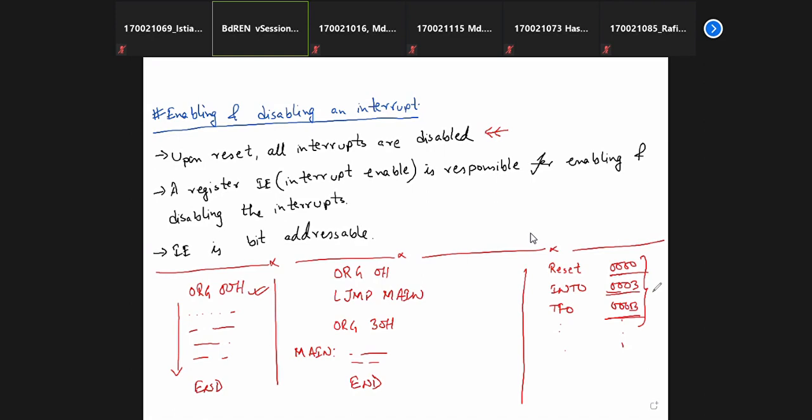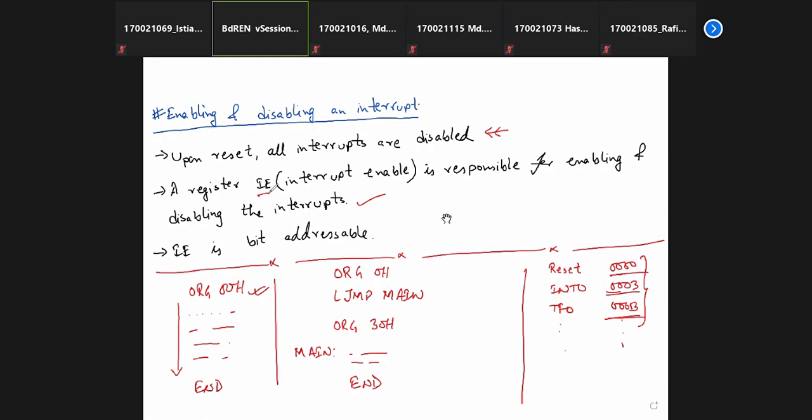Moving forward. Now, a register IE is responsible for enabling and disabling the interrupts. This is an 8-bit register. We will discuss in detail about this register just after this page. The name of the register is IE, which is interrupt enable. This register controls the function of all the interrupts.